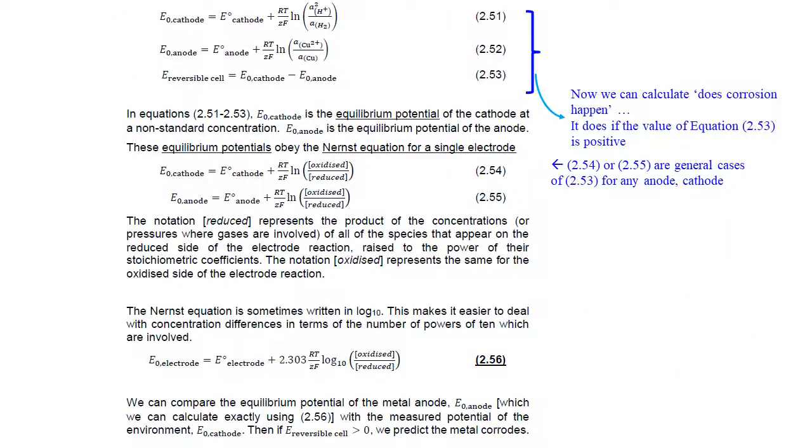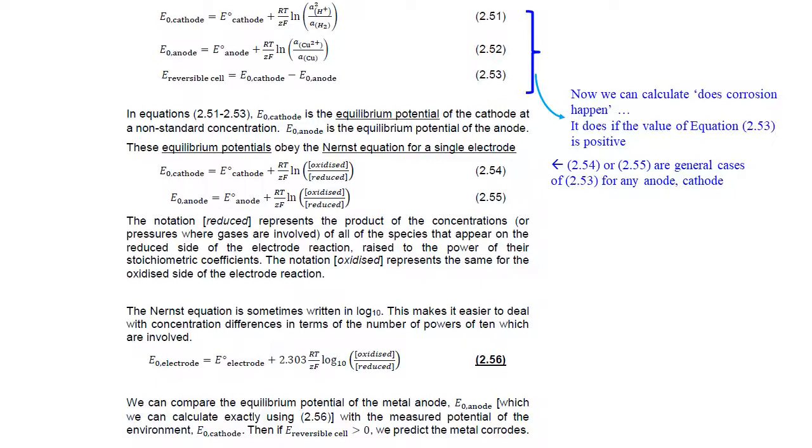Each of the electrode equilibrium potentials on their own is given by the Nernst equation for a single electrode. In general, that is equation 2.54 or 2.55, which are the general cases for any electrode process, for which 2.51 and 2.52 in our derivation were a specific example.